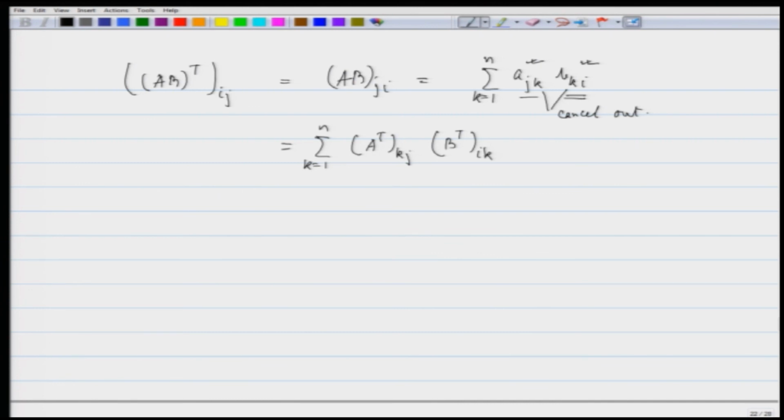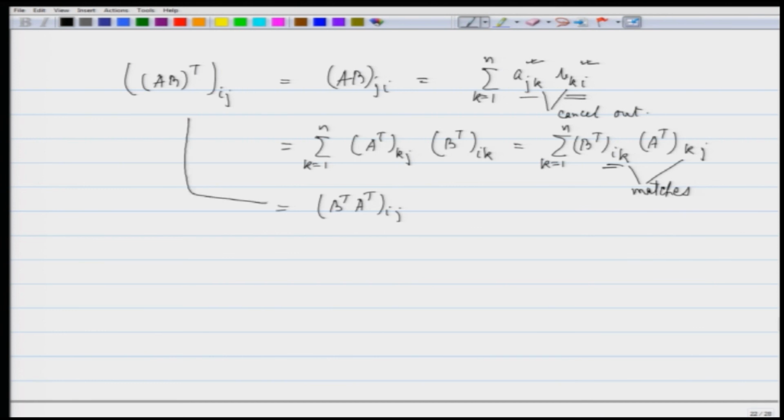I can write this back as the summation over k equal to 1 to n of B transpose ik into A transpose kj. Now here k and k match, and therefore I can write this as the ij entry of B transpose A transpose. So, you can see that they are equal as such.